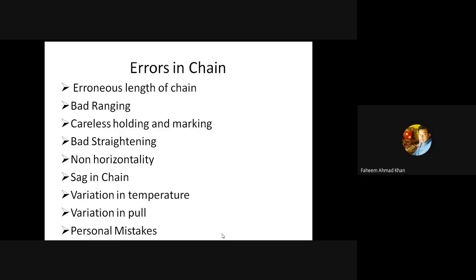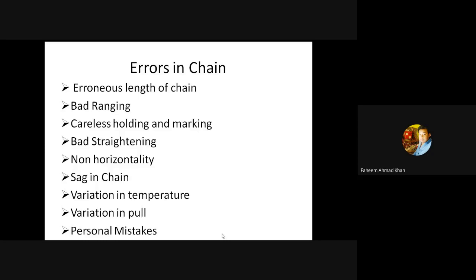So you will always have to keep the chain straight while performing a survey. The next is non-horizontality. It is also cumulative in nature. It is again positive. If the chain is not horizontal, especially in the case of sloping or irregular ground, the measured distance will always be too great, like the previous one. The error is therefore of cumulative character and is positive.